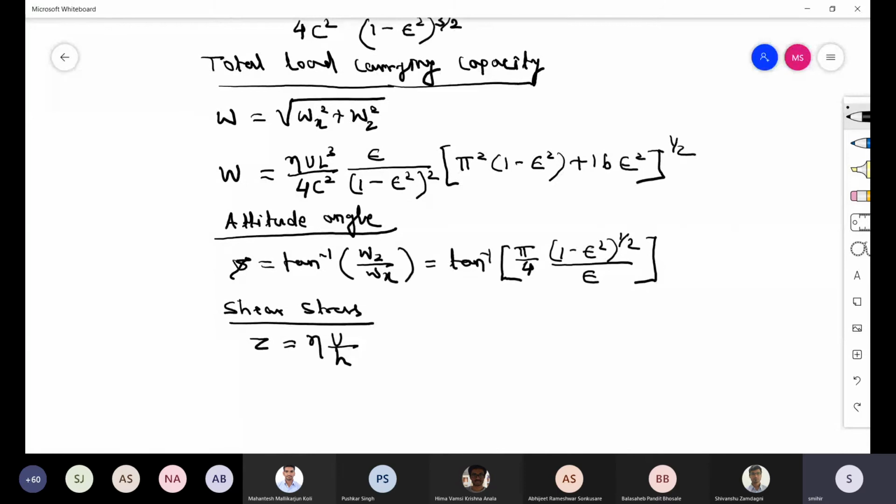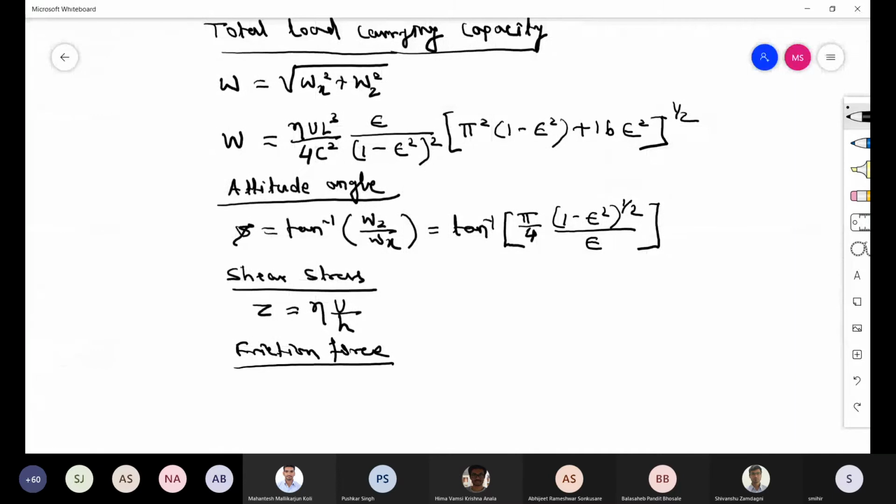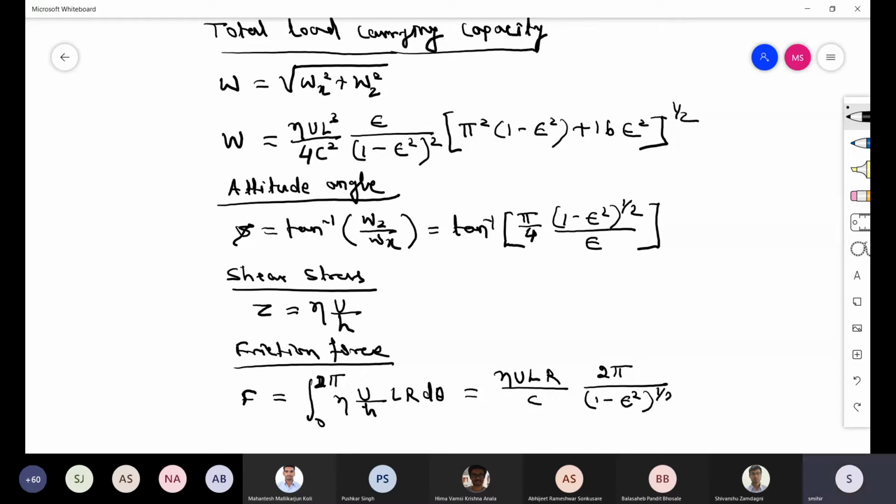So friction force F equal to integral 0 to, here you can make 2 pi. Okay, so this is your friction force.